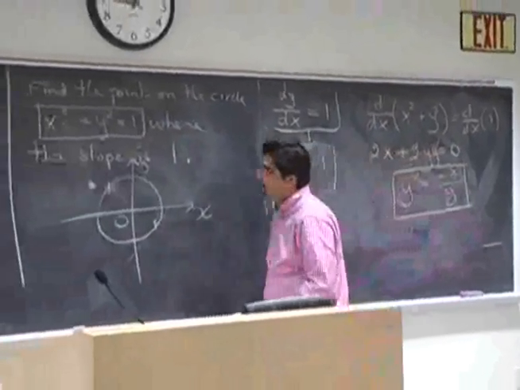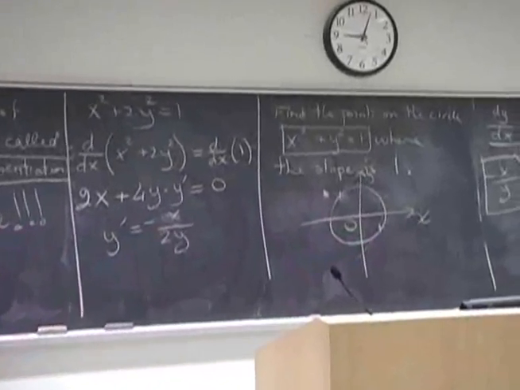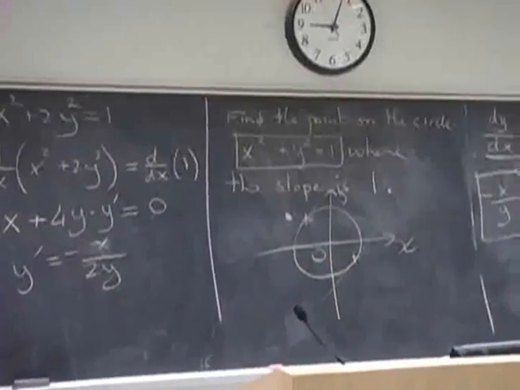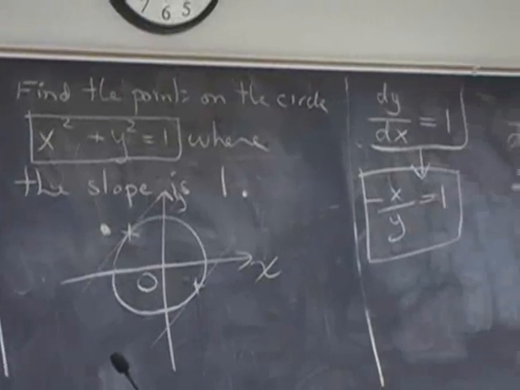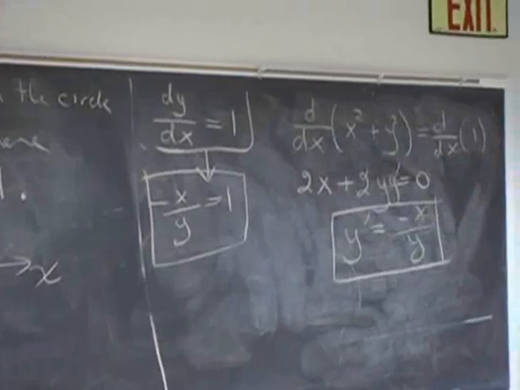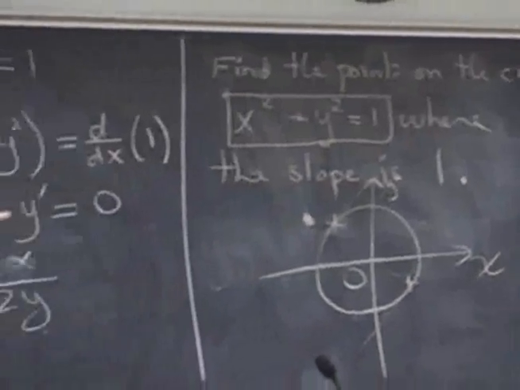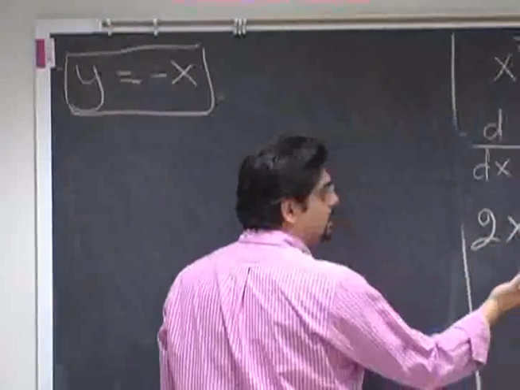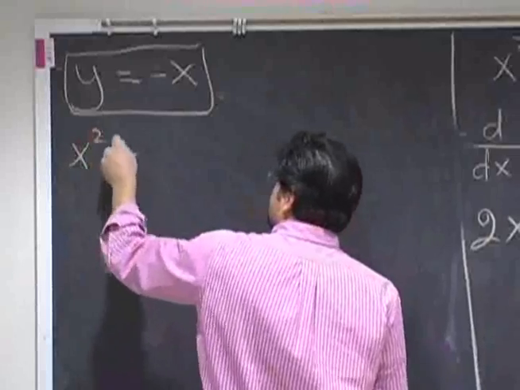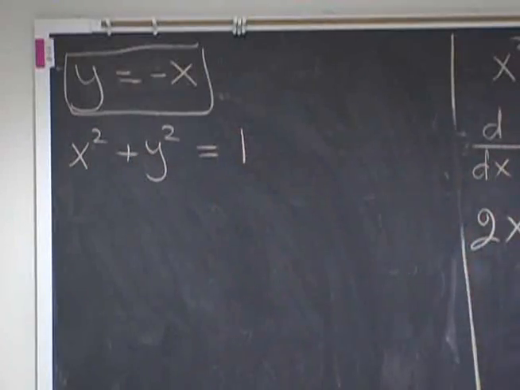Let me show you. So this is what we want. This is the same as writing it that way. Negative x over y equals 1, or y equals negative x. And the other equation was x squared plus y squared equals 1, right? Okay.